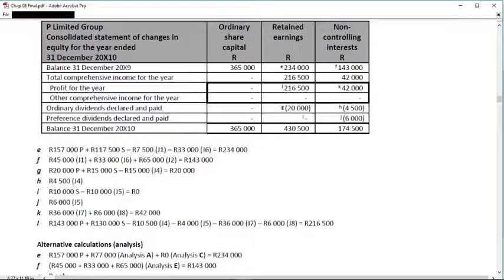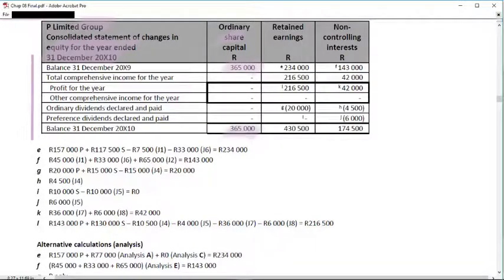The last statement for this example is the consolidated statement of changes in equity of the P Limited Group for the year ended 31 December 2010. Remember, it is a reconciliation of opening to closing balances of all equity items, indicating the detailed movements during the year. We already spoke about the ordinary share capital only being that of the parent.